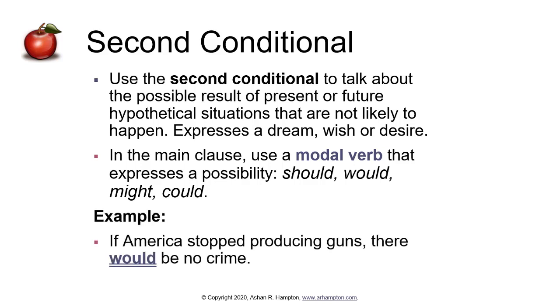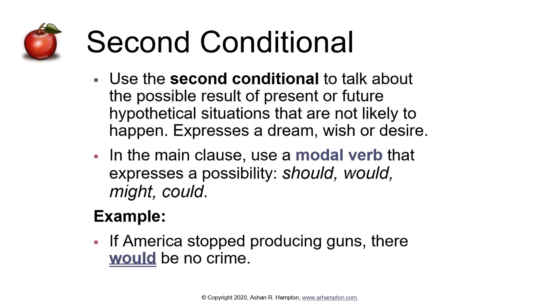For example, if America stopped producing guns, there would be no crime. That's not likely to happen, is it? Notice the underlined verb would, which is a modal verb that expresses a possibility. Okay, if you need to pause the video or rewind any part of this video to make sure that you understand, go ahead and take a moment to do that.